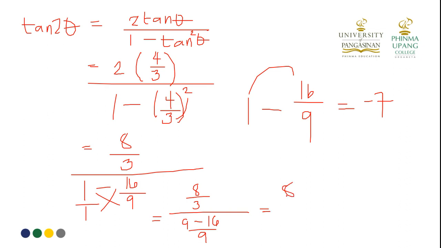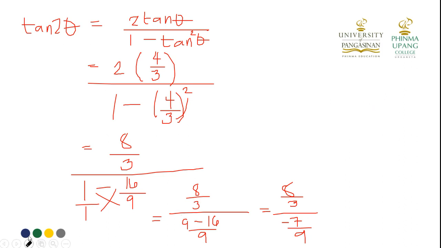So, this is 8 all over 3 all over negative 7 all over 9. So, we're gonna use the inside, outside. And tandaan, if it is inside, that will be our denominator. If it is outside, that will be our numerator.